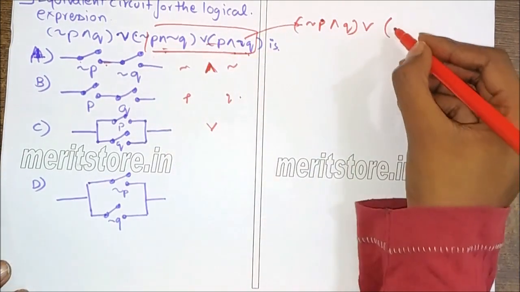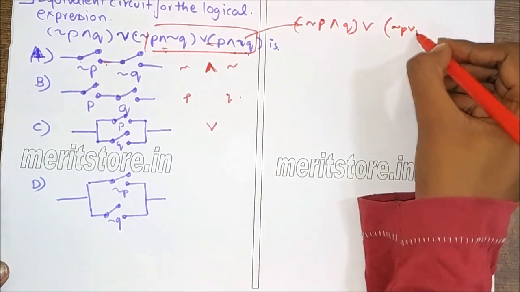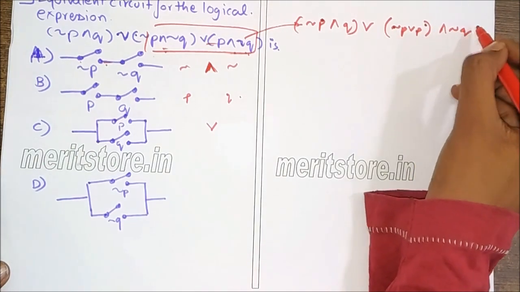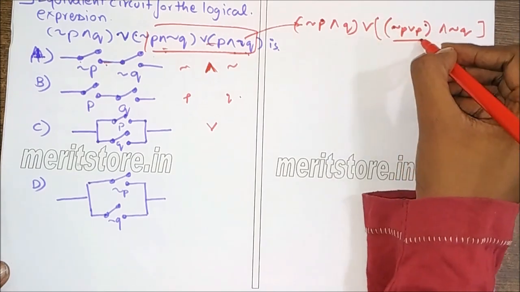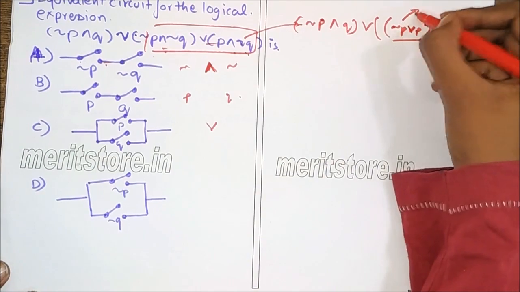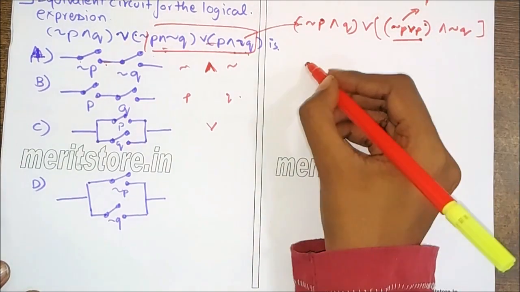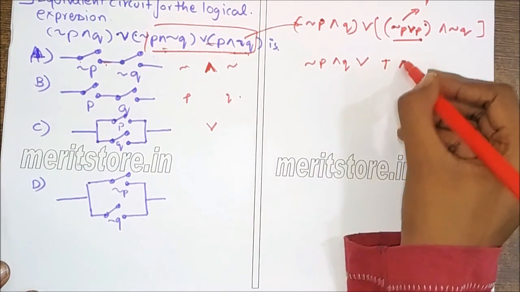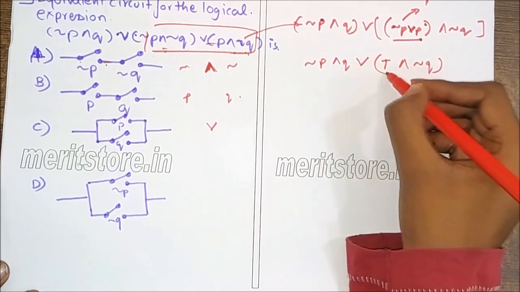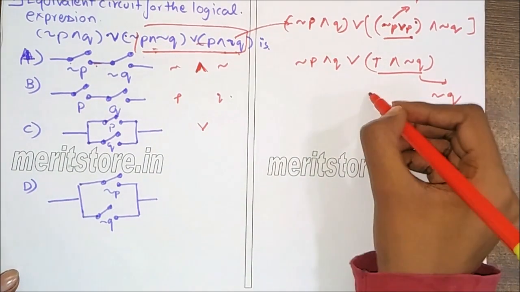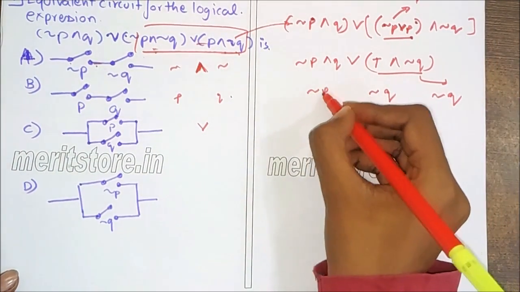So we can write (negation of P or P) and negation of Q. But negation of P or P is true. So this is negation of P and Q, or T and negation Q. Now T and negation Q is negation Q. So this is negation Q or (negation P and Q).